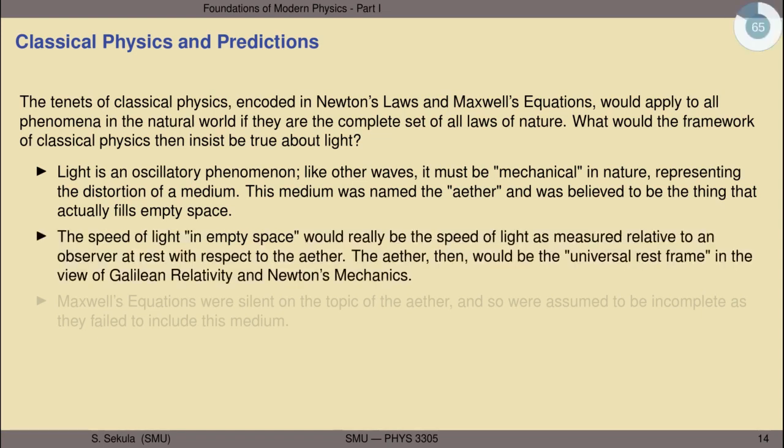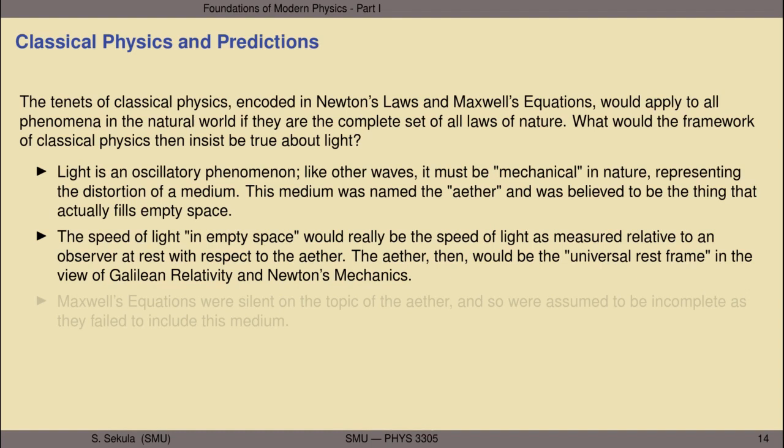So the speed of light in so-called empty space, the number that we got from Maxwell's equations, that isn't really the speed of light in empty space. It's the speed of light measured relative to an observer at rest with respect to the ether. The ether is the universal reference frame for light. And if you can be at rest with respect to the ether, then you will observe that light moves at 2.998 times 10 to the 8th meters per second.